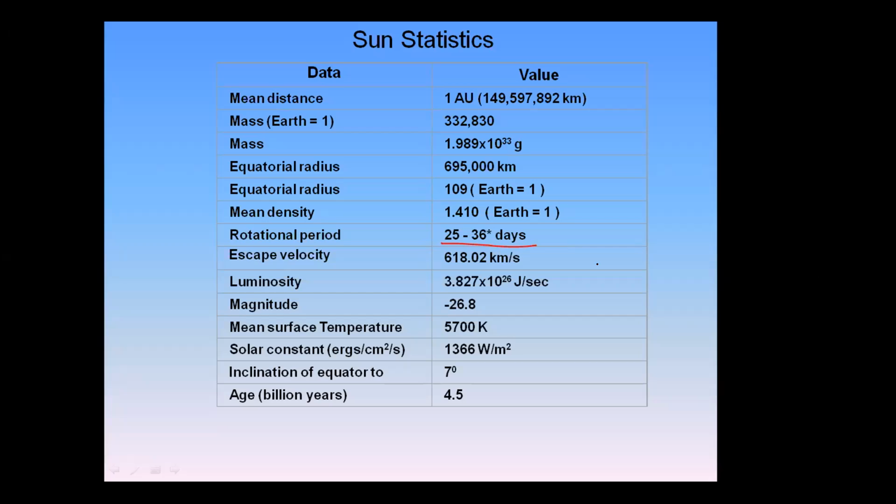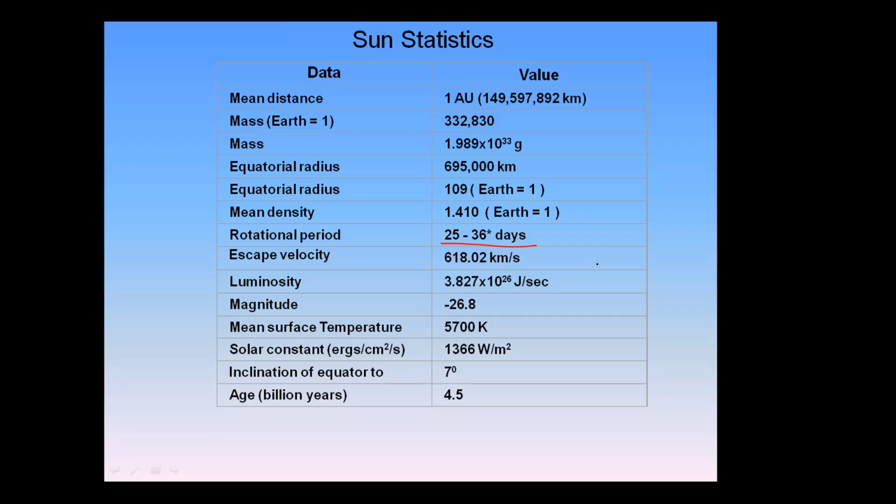So you know that it is a gas giant or gas ball. Therefore it does not need to rotate all these layers, like equator and the pole, the same way, at the same rate.